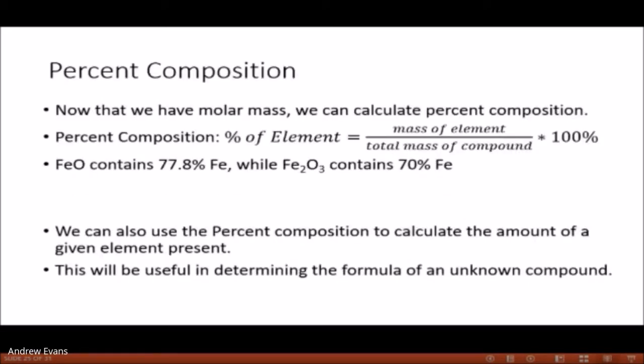Now one of the last major things is percent composition. Percent composition is similar to percent by mass, which we kind of looked at. But percent composition is now that we know the molar mass of an element, we're looking at how much of this element is present in the generalized formula. So we're going to look at the mass of the element versus the total mass of the compound.